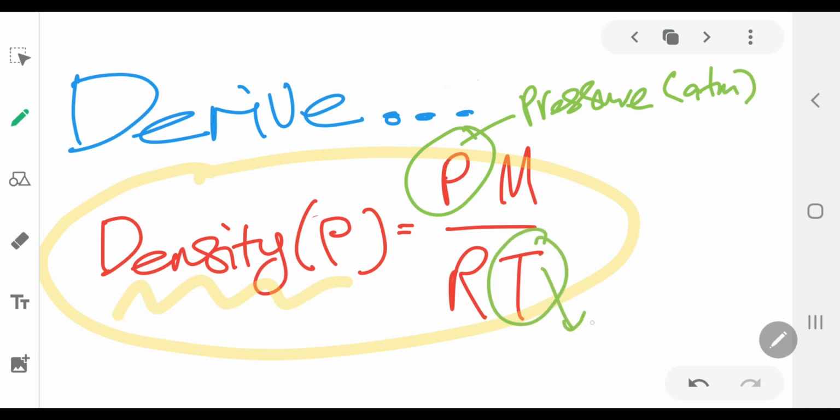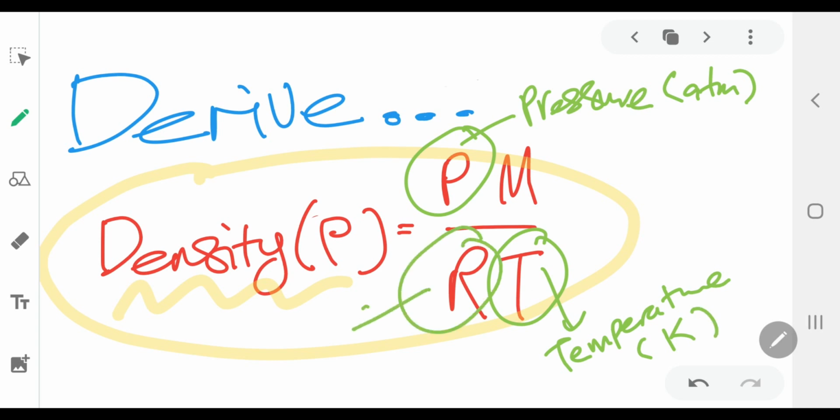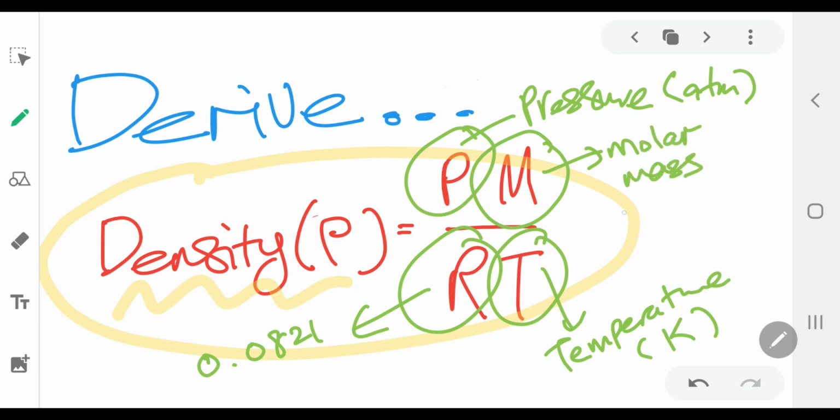And then you still have your temperature, that will still be in Kelvin. This is the constant 0.0821, and that big M over here is the molar mass of your ideal gas.